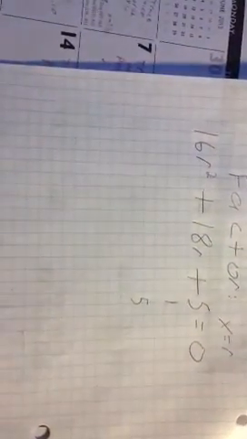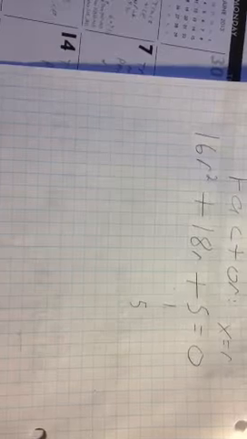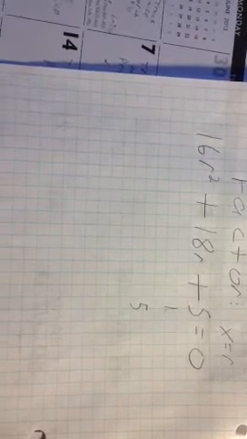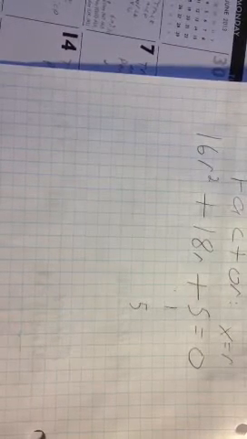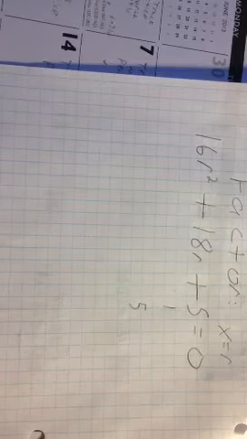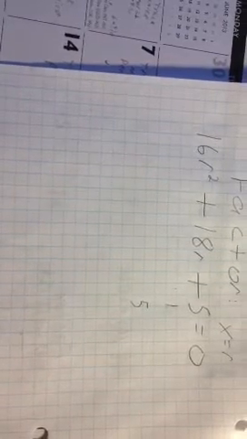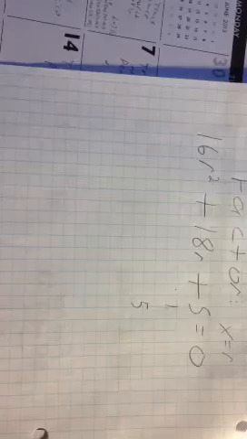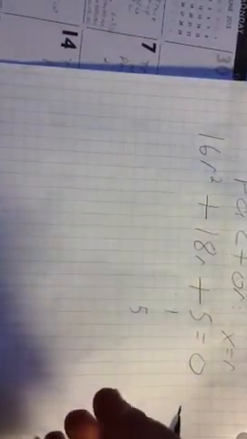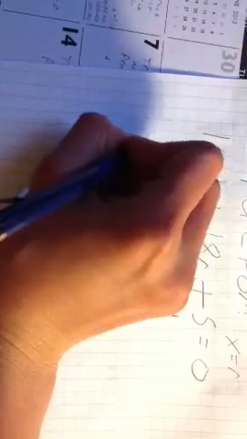Then we would find the multiples of a. So we could have 1 and 16, 4 and 4, or 2 and 8. In this case, we'd be using 8 and 2.